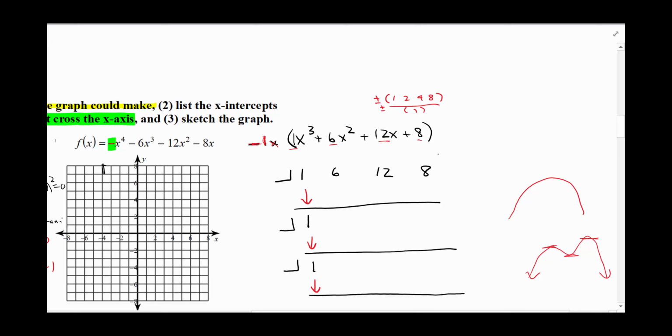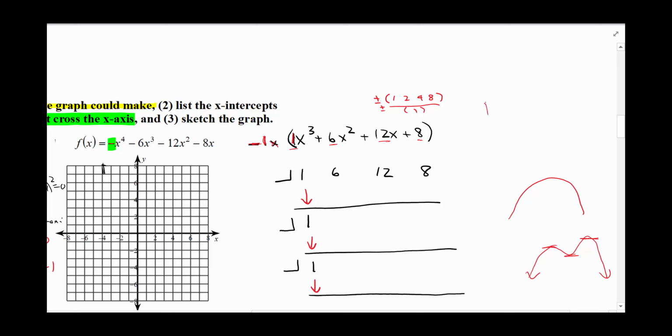Remember from a couple weeks ago when we were studying those 3 theorems, the rational root theorem, we would take factors of 8: 1, 2, 4, and 8, both positive and negative, divided by the factors of the lead coefficient, which is 1. 8 is the constant, 1 is the lead coefficient.